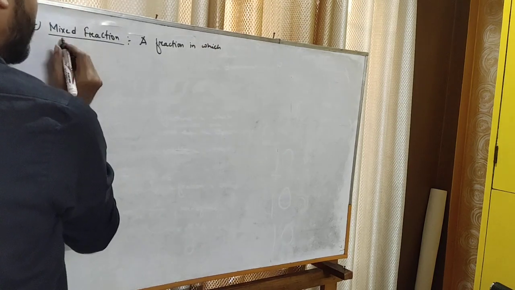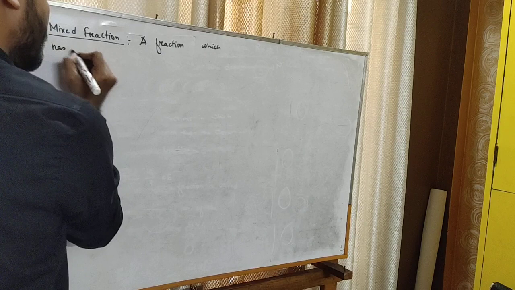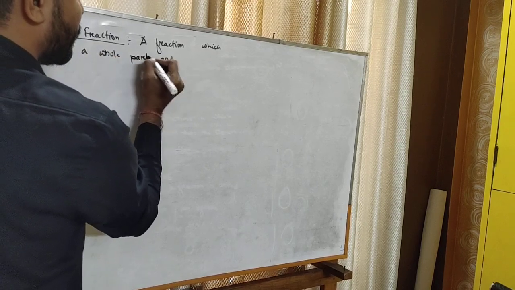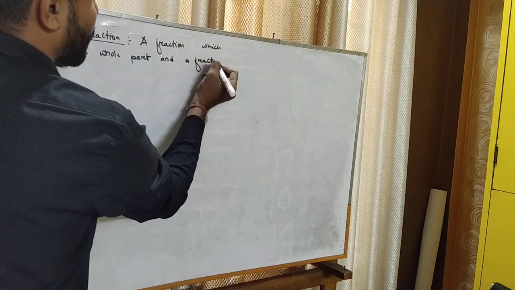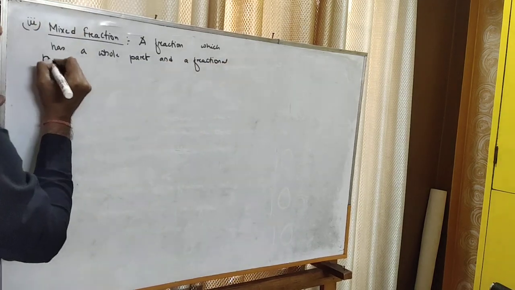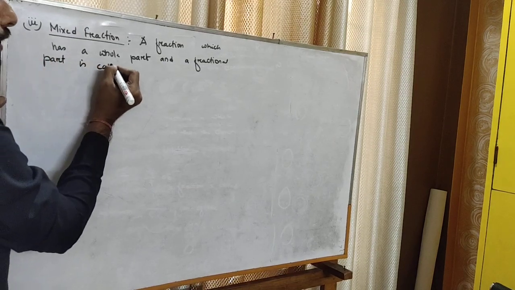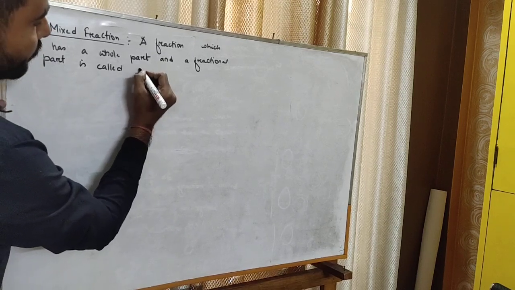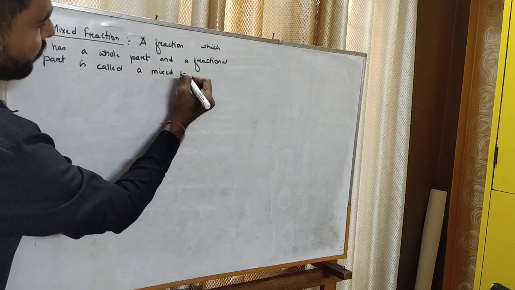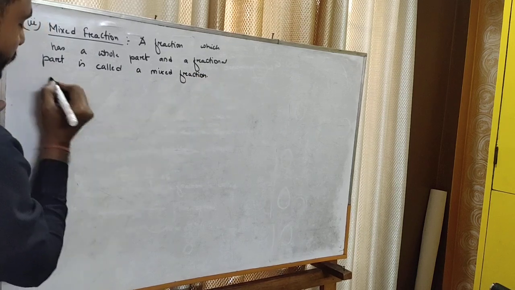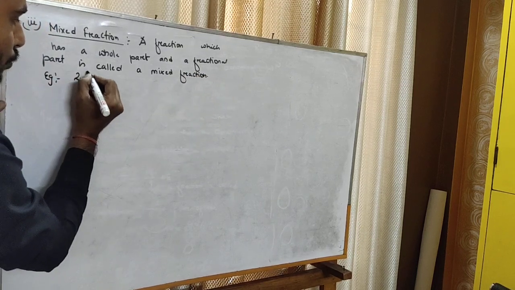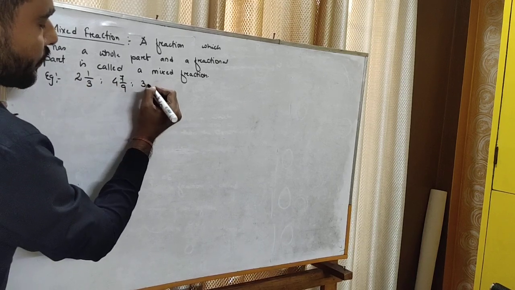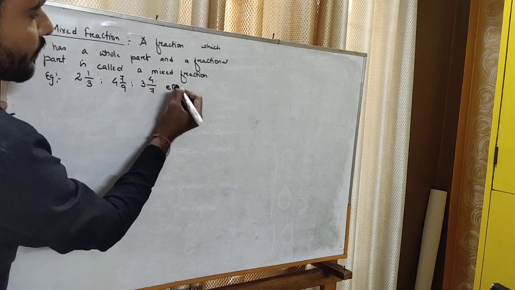A fraction which has a whole part and a fractional part is called a mixed fraction. 2 1 by 3, 4 7 by 9, 3 4 by 7, etc.